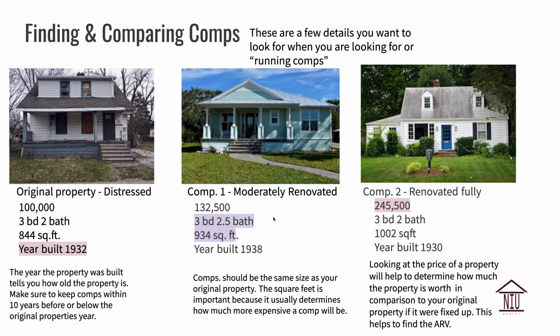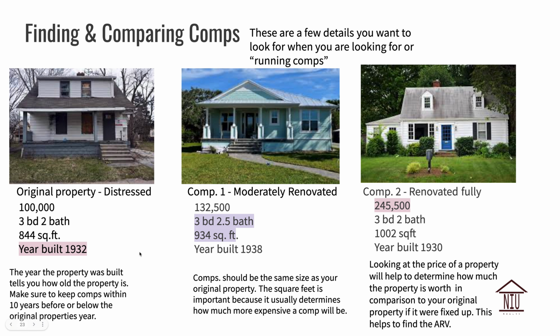But in the event that you're having issues finding comparables around that exact size in that exact area, and you filtered your results properly, then I think it would be fine to use a property that is 3-bed, 2.5-bath. It's only a little more, and you can just adjust as far as the square feet for that property goes. This property was built in 1938, so it would fall within that 10-year radius.